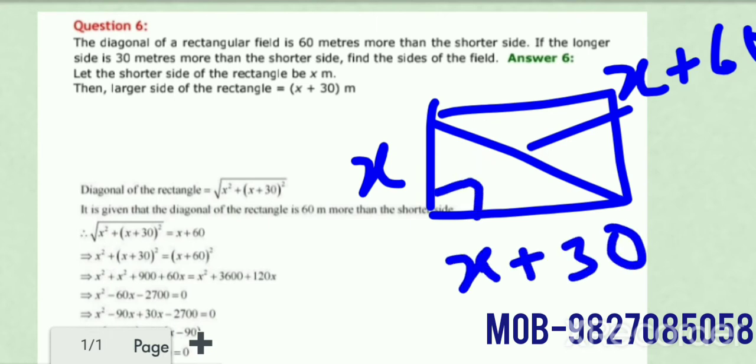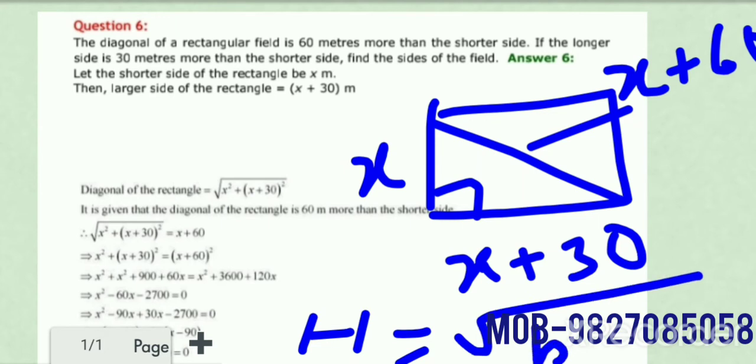Here is a right angle triangle, so we are using the Pythagoras theorem. So hypotenuse square is equal to base square plus perpendicular square. Okay. So we got this equation.